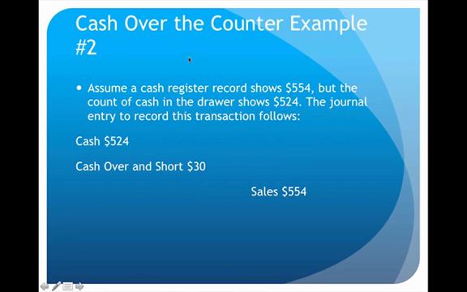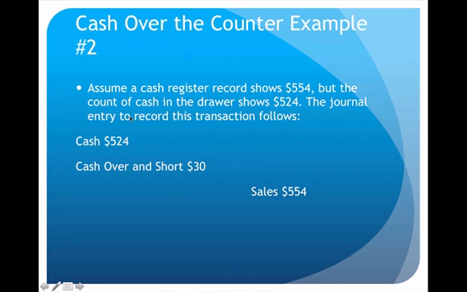If you look at this second example, this is a little different. This is actually a shortage. In this example, the cash register record shows $554, but when the money was physically counted, it was actually only $524. So that's a shortage.